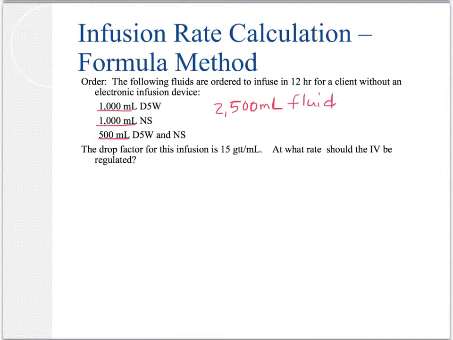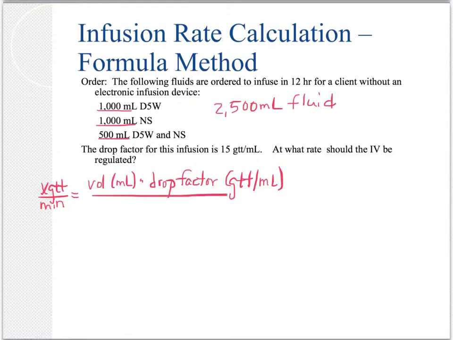To use the formula method, we simply need to recall the formula. Well, the formula is X drops per minute is equal to the volume in milliliters times the drop factor in drops per milliliter divided by the time in minutes.